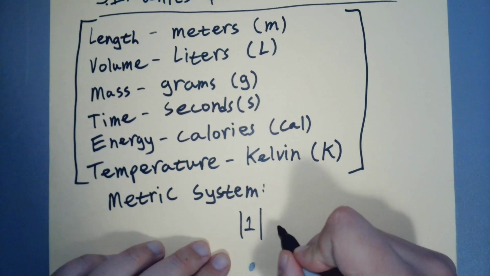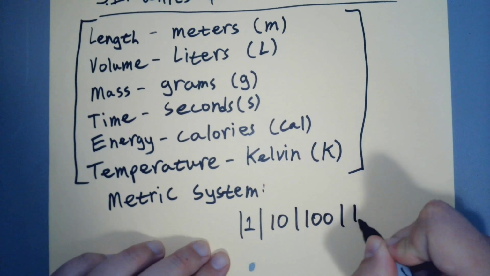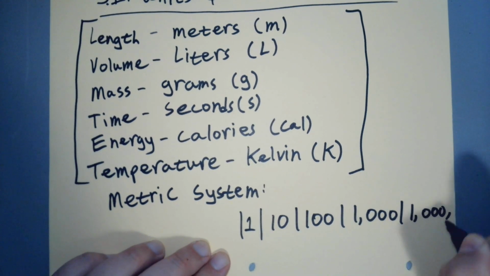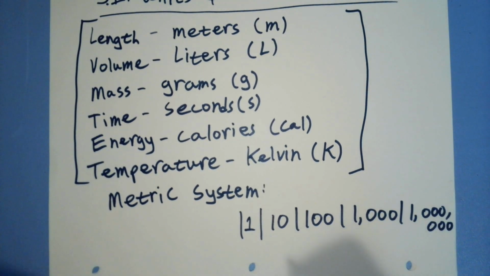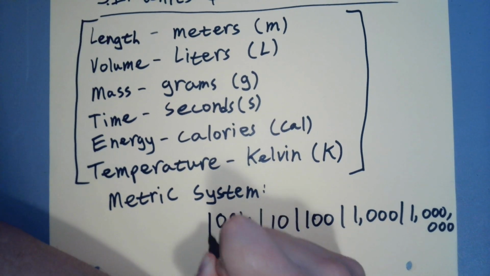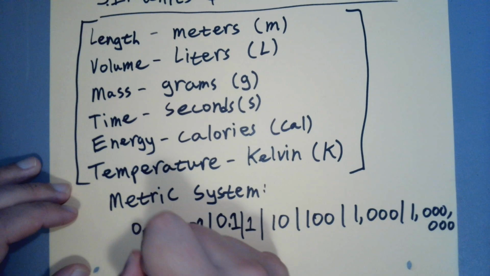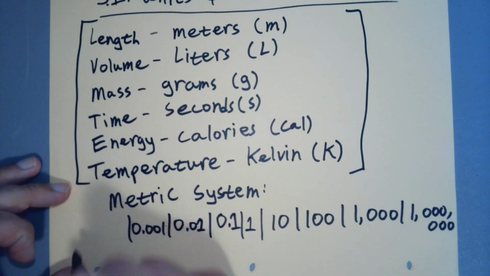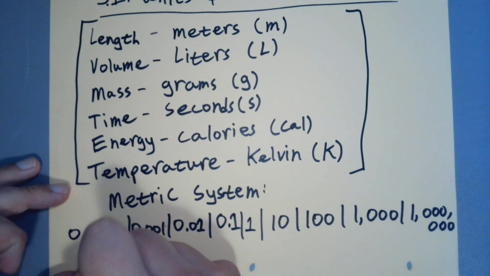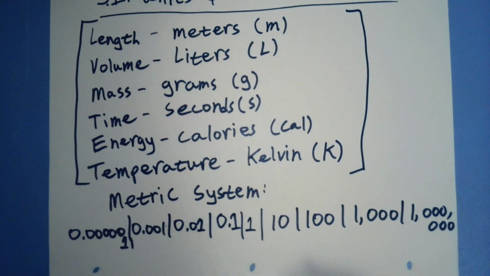But as we move out, we can go to the tens place, the hundred, the thousand, and the million. But we can also get smaller. So we can go to the tenths place, the hundredths place, the thousandths place, the millionths place. So it's going to be 1, 2, 3, 4, 5, and then a 1. Look at that, clean right there.